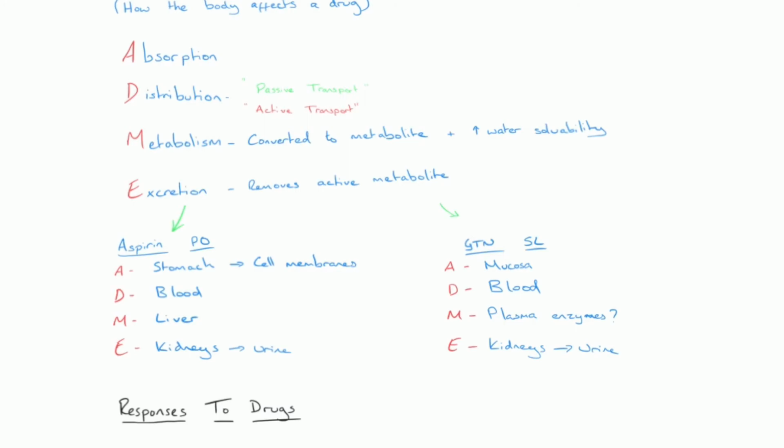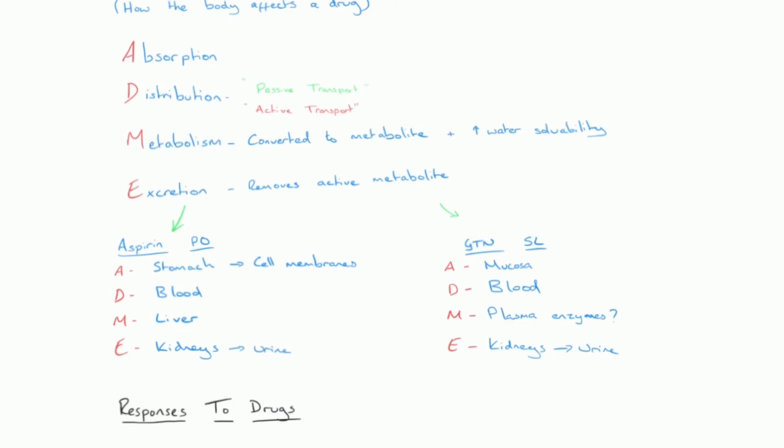When it's distributed around the body and it's got to where it needs to be, or is on the way to where it needs to be, it's metabolized. So this is where it's converted into a metabolite, most of the time, the metabolite being the active ingredient, the thing that's actually going to cause the effect. Mostly this occurs in the liver, but it can also occur in blood plasma. It can also be metabolized in the kidney with certain drugs, not just excreted that way.